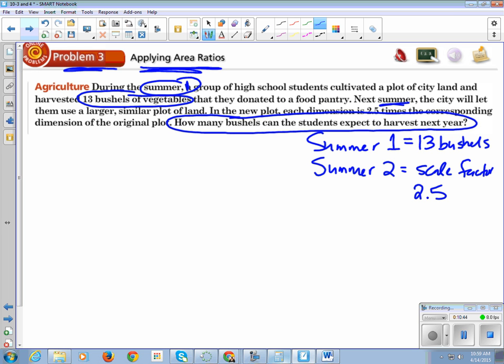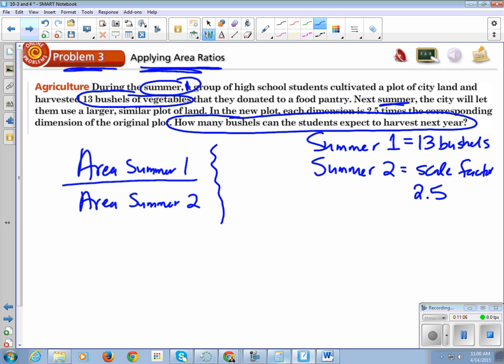So what we're going to do is compare our area of summer 1 with the area of summer 2. So the first thing we'll do is compare the dimension of summer 1 to the dimension of summer 2.